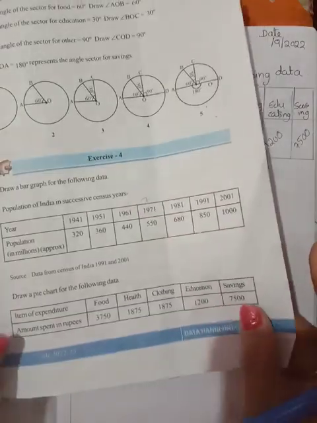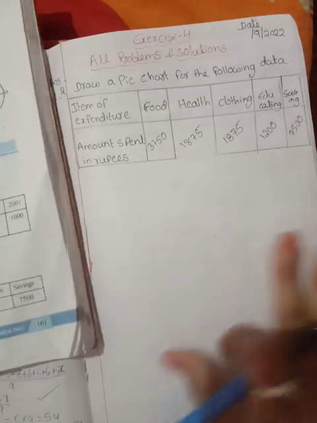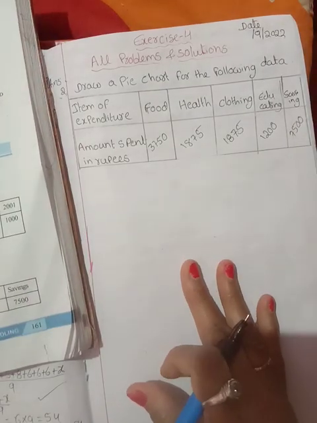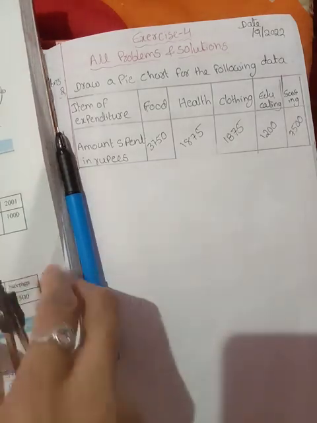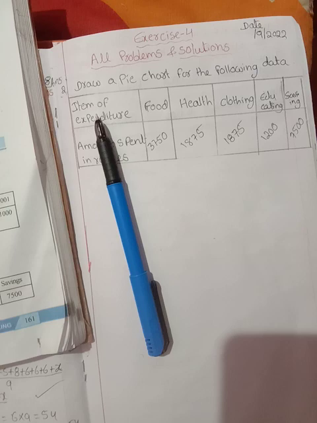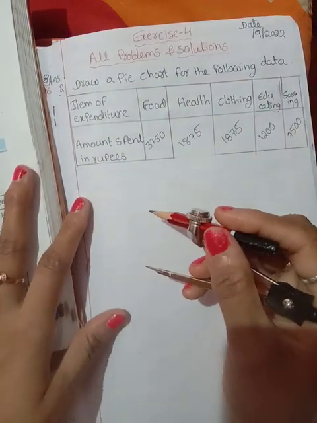Here, you have to draw the pie chart for the data. First of all, take any convenient radius and draw one circle only.